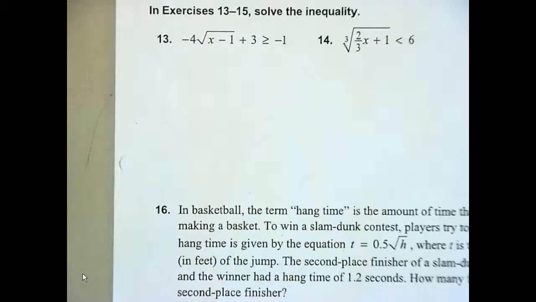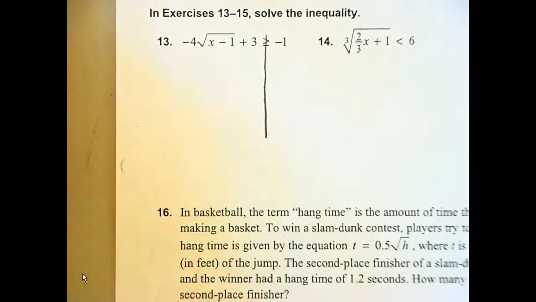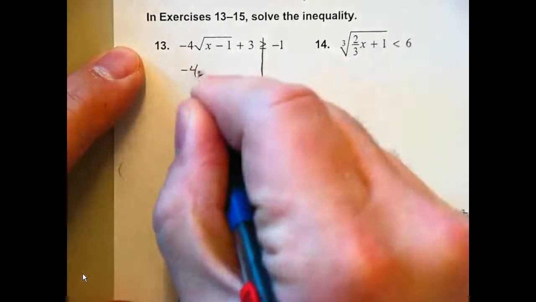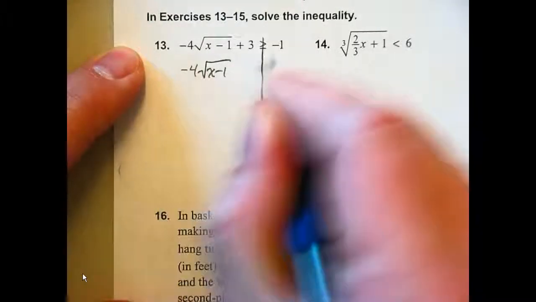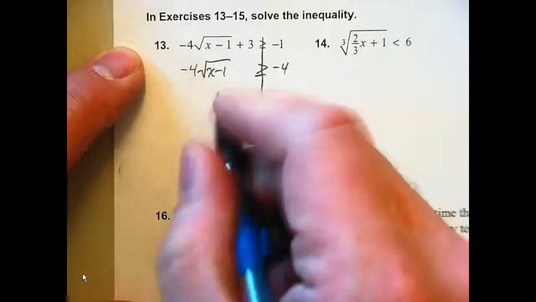Here we go. Number 13. Tell your neighbor what you got. Okay, time's up. My guess is everyone, I hope, subtracted 3 first, and then divided by -4.